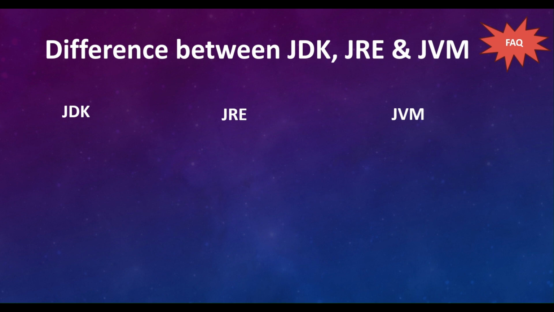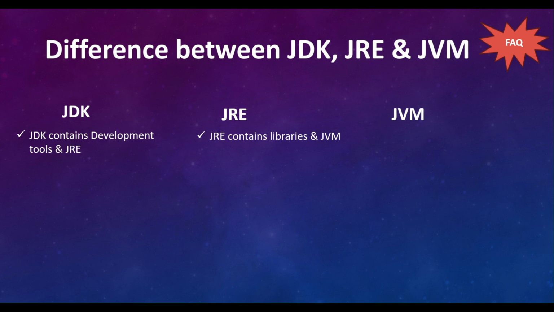So, what is a JDK? JDK contains development tools and the JRE environment. And JRE contains libraries and JVM. So, what libraries does it contain? It contains integration libraries to connect to JDBC or RMI, and we have other libraries like util libraries and rt.jar, all present inside JRE.